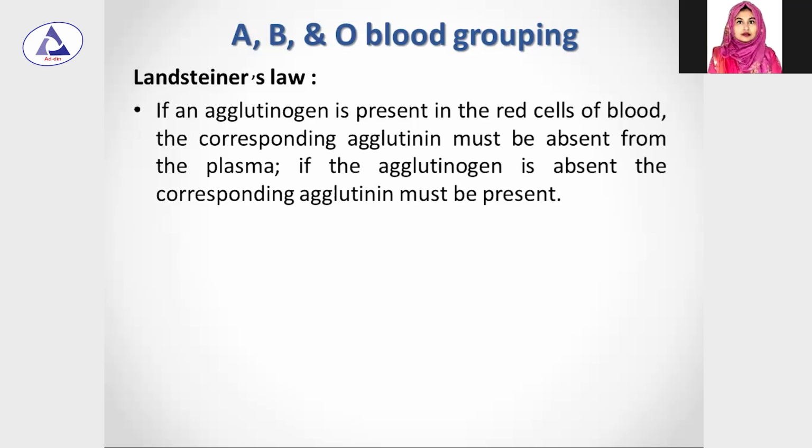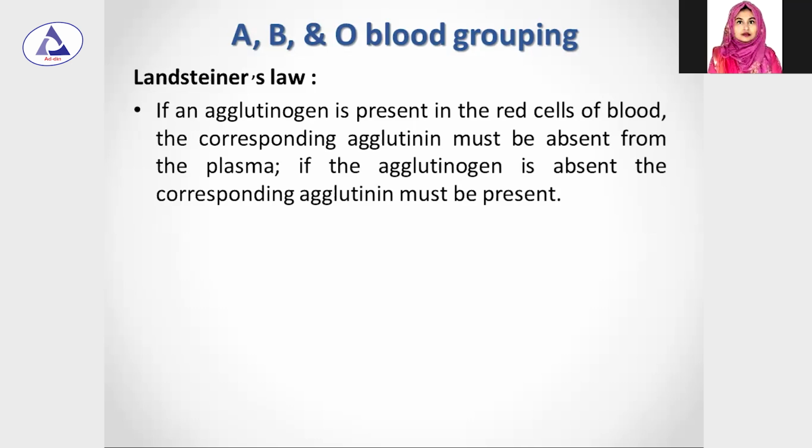This is a common scenario: agglutinogen or antigen will be present in the RBC membrane and agglutinin will be present in the plasma. Our concern is about these two things. Then come to the law: what is present and what is absent. If agglutinogen, meaning antigen, is present, then the agglutinin will be absent from plasma. This is the first part of the law.